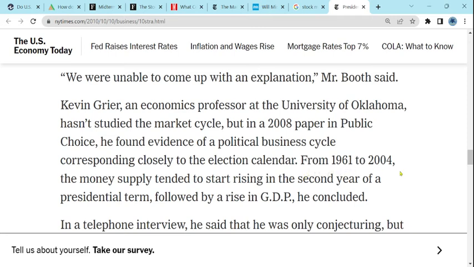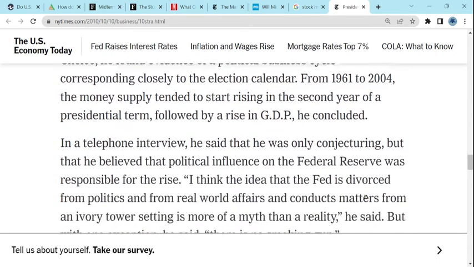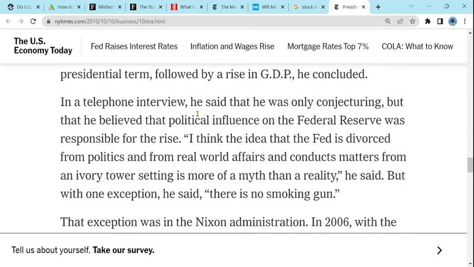From 1961 to 2004, the money supply tended to start rising in the second year of a presidential term, followed by a rise in GDP. So he concluded the idea that the Fed is divorced from politics and from real world affairs, and conducts matters from an ivory tower setting, is more of a myth than a reality.